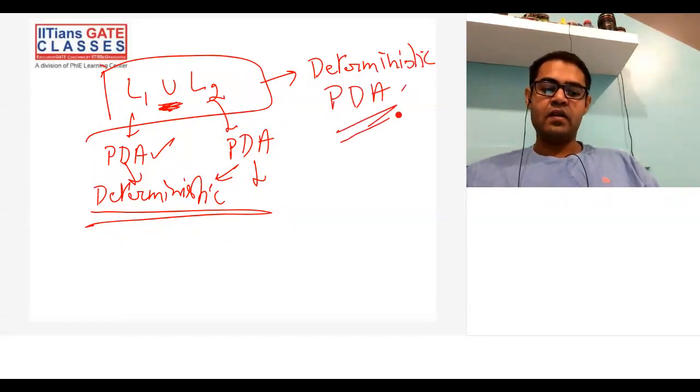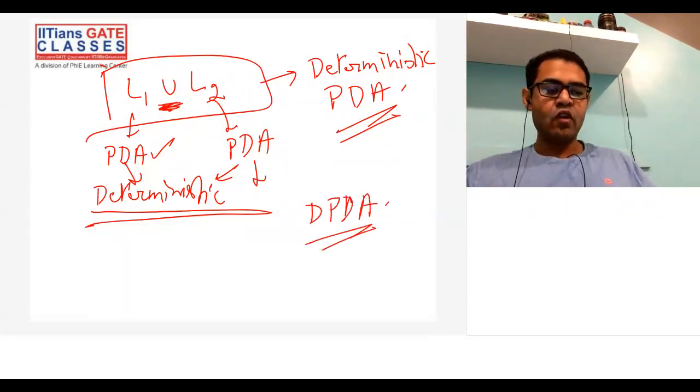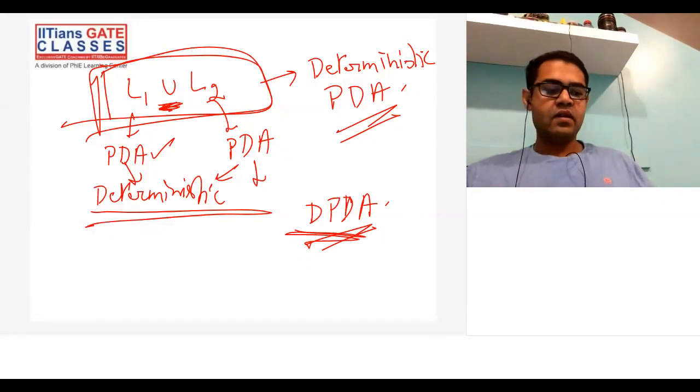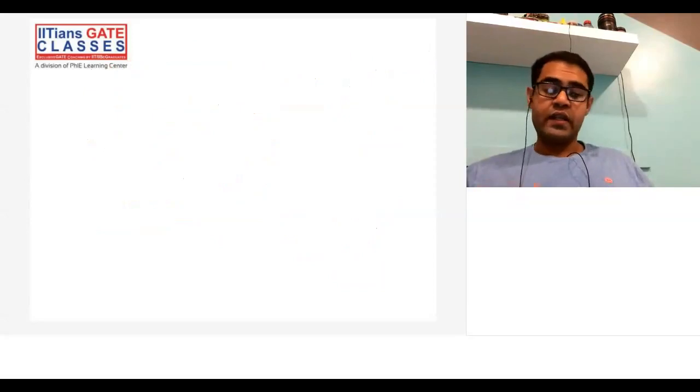Now, either you can use this property, or you can try and build a deterministic PDA, which will be easy for this combined language. And you will see that you are able to successfully build a deterministic PDA. Hence, this language L1 union L2 will be a deterministic context-free language.